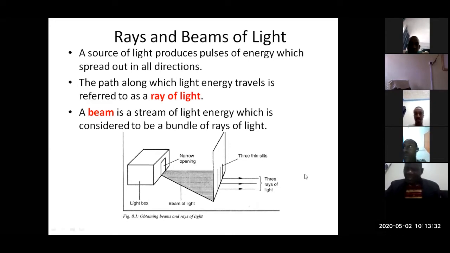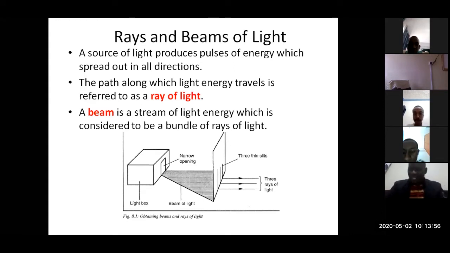Who is ready to give us the three? Abdul Basit, name for us the three types of beams of light that we learned. Convergent. Good. Divergent. And parallel. That's very good.